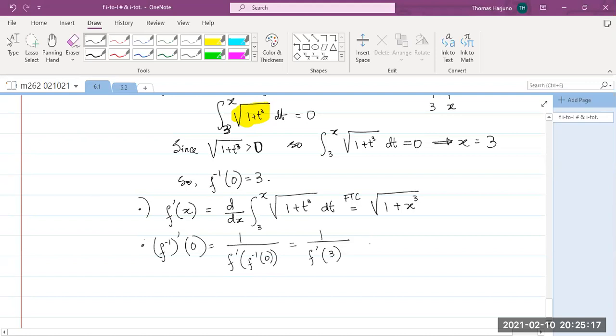But f prime of 3 is the square root of 1 plus 3 cubed. So this is 1 over the square root of 28. That's 1 over 2 square root of 7. That's square root of 7 over 14. Now, don't change it to decimal though. Leave it like that.